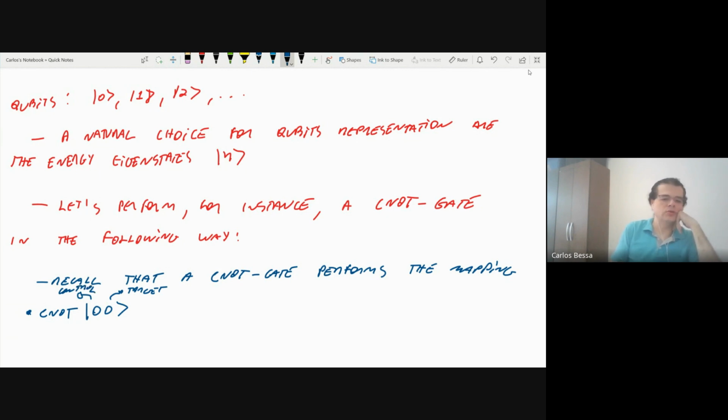I'll use the logical notation, with L here just to say that these are the logical qubits, not the qubits of the oscillator. Just remember.